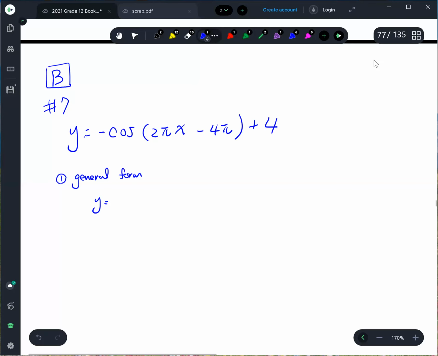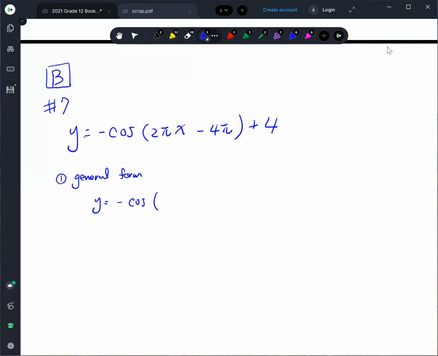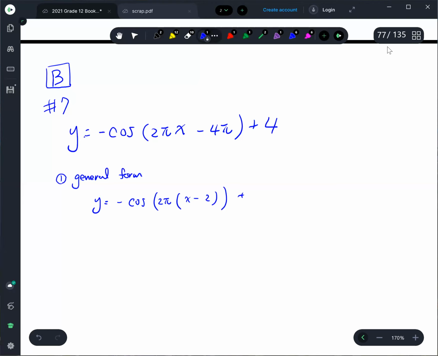Okay, so Evan, what's the general form? I'm not quite sure if it's right though, but is it negative cosine and then a square bracket, 2 pi, and then bracket x minus 2 bracket plus 4. Yeah, very good. Okay, so you need to factor out the 2 pi, right?